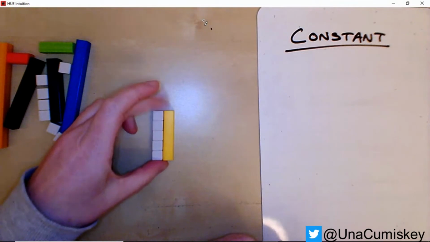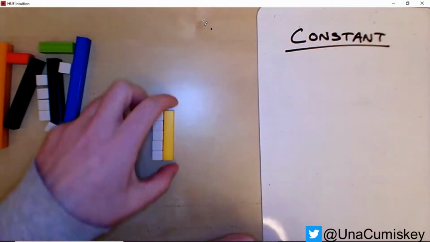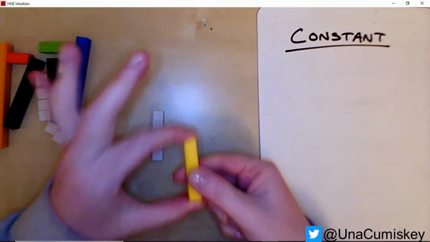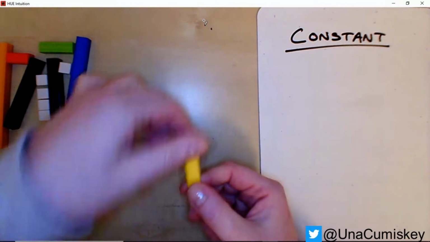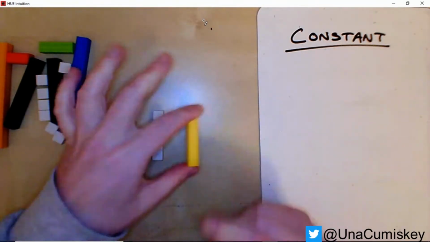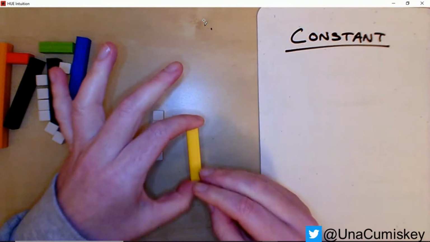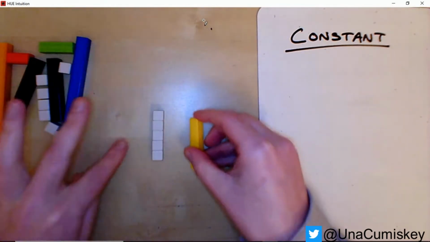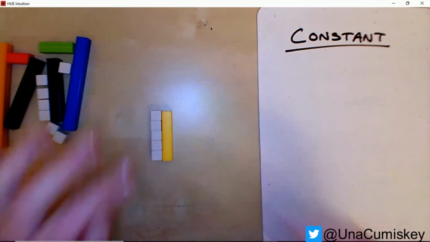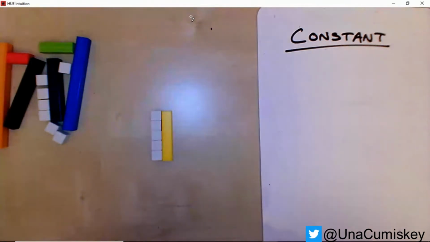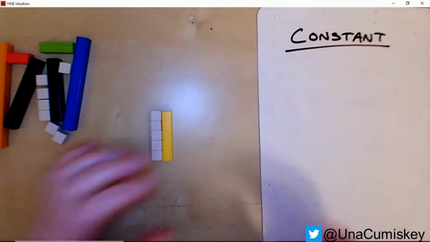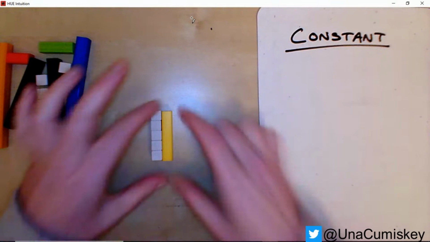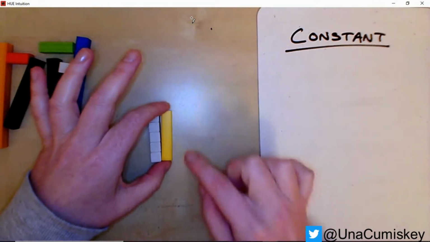So this is clearly 5 units in length, and we can discuss, can we compress this? No, we can't. Can we stretch it? No, we can't. So the length of the yellow rod is 5 of these units. It will always be 5 of these units. It is fixed and it is constant. The length is fixed, it is constant.